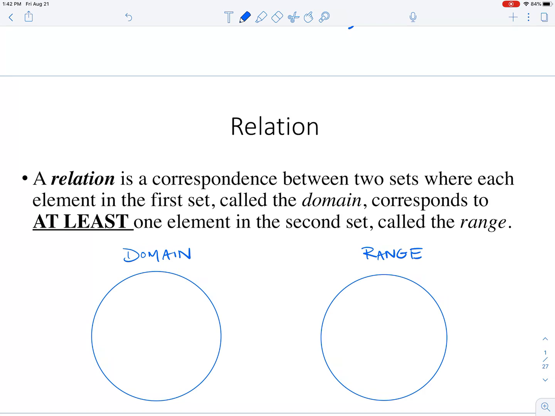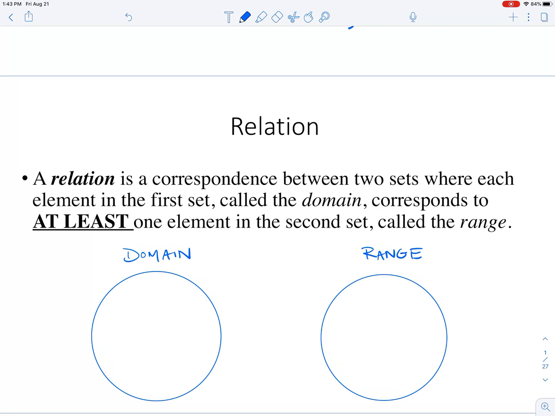So the input values are values from the domain, and then they map to the output values that are in the range. And if each element from the domain maps to at least one element in the range, then we have a relationship between these two sets of numbers, or a relation.